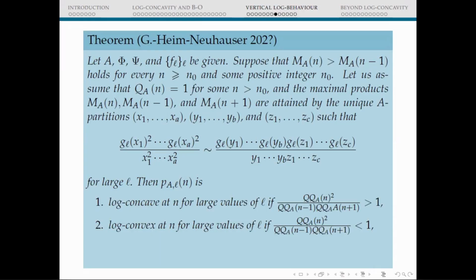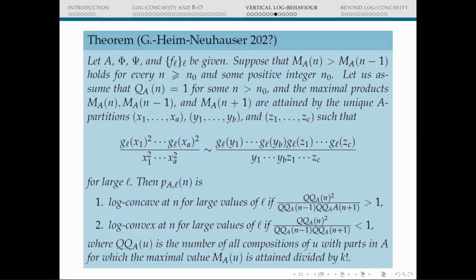So if we have some additional function Q_A of n, for which the following is greater than 1, then it is log-concave. Otherwise, if it's smaller than 1, then we have the log-convexity. If it's equal to 1, we don't know at the moment. And this function is the number of all compositions.